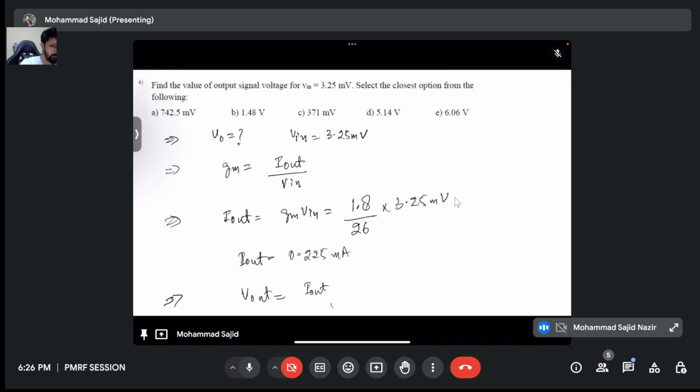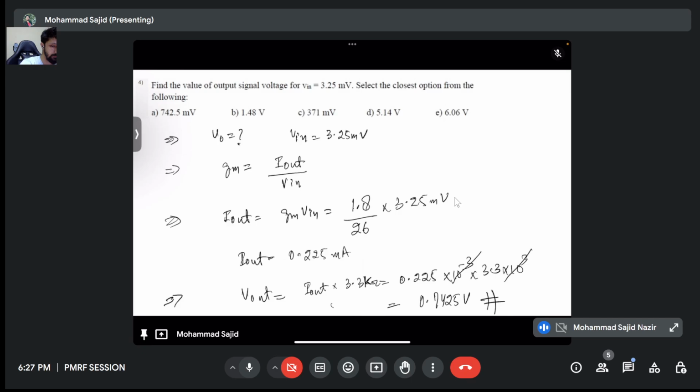So this is 0.225 into 10 to the minus 3 multiplied by 3.3 into 10 to the minus 3. These cancel, so it will be 3.3 multiplied by 0.225, which is 0.7425. You are correct.